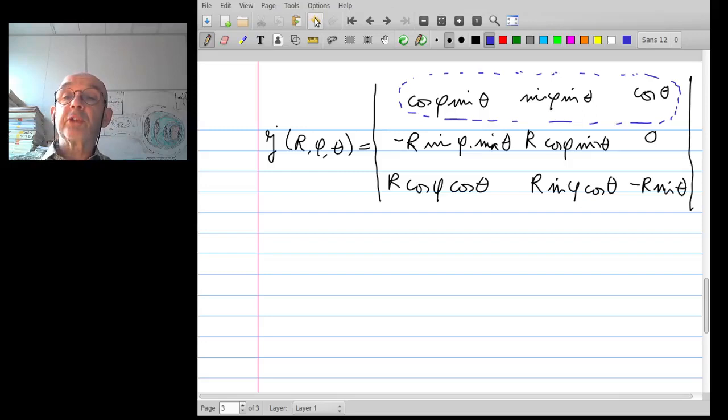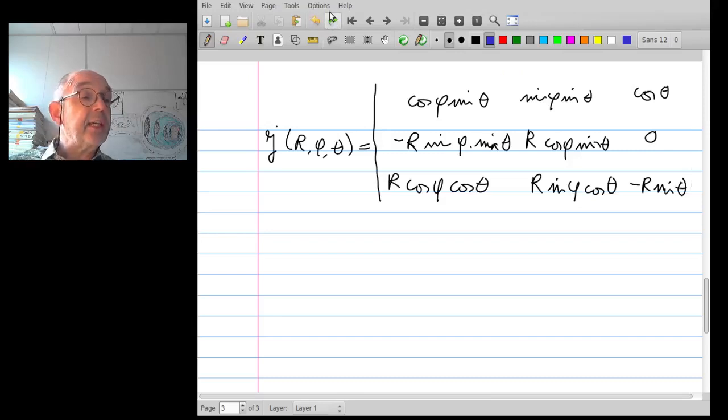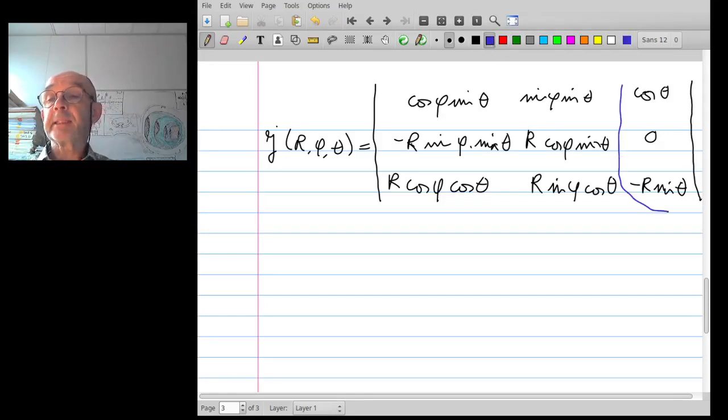I think that I should take the last column if I want to calculate that by calculating the Jacobian. So I should take that column here.